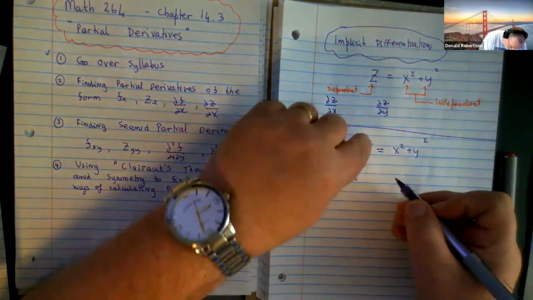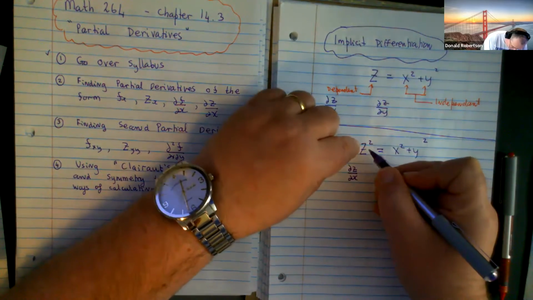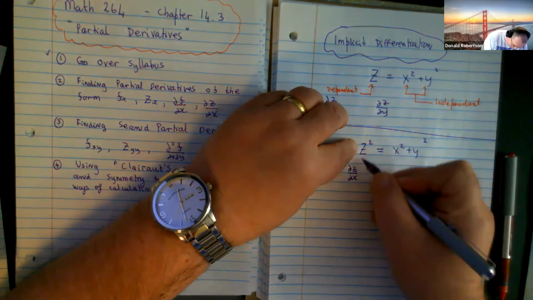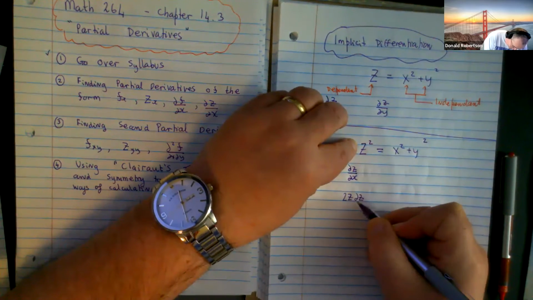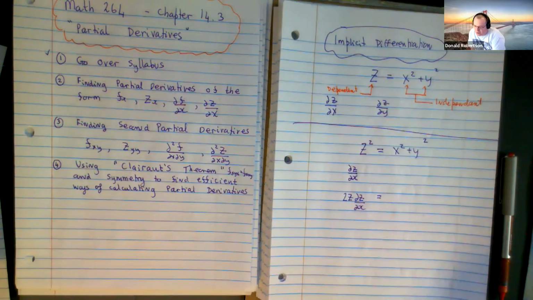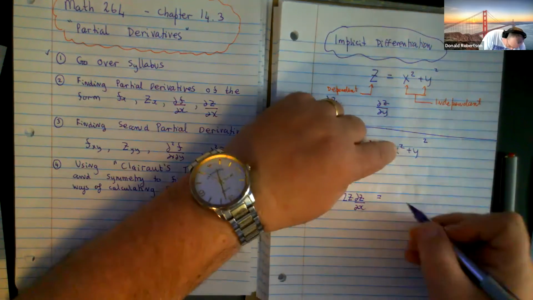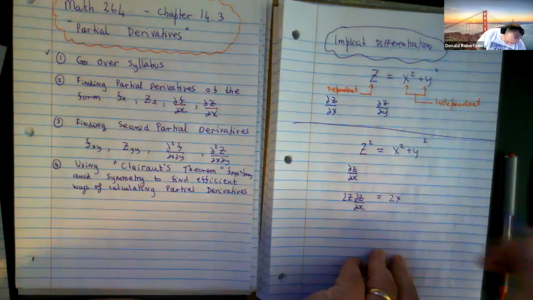So you take each piece and you differentiate them with respect to x. So this guy here becomes 2z dz by dx. Does that look an awful lot like differentiating y squared in Calc 1? Right? 2y dy by dx, isn't it? It's got that same kind of look to it. Now, differentiate that, you get 2x, and differentiate that guy, you get nothing.